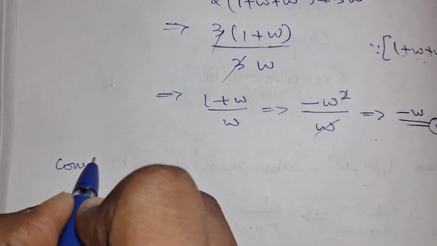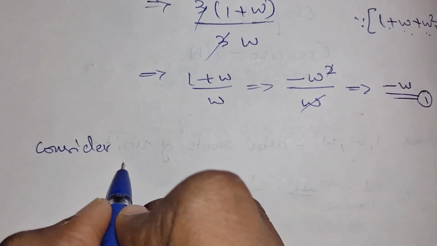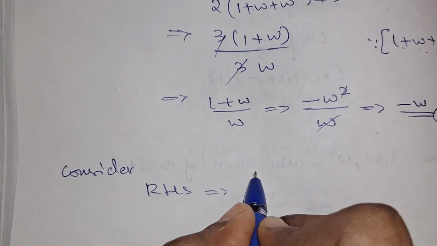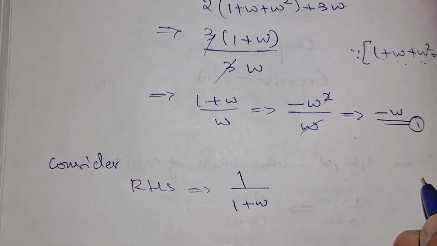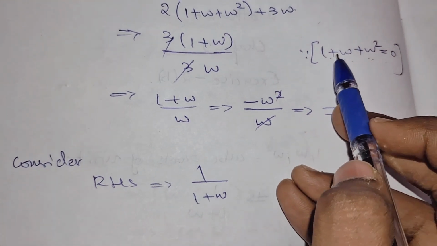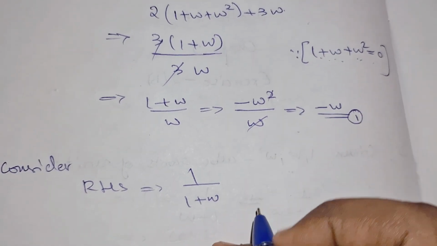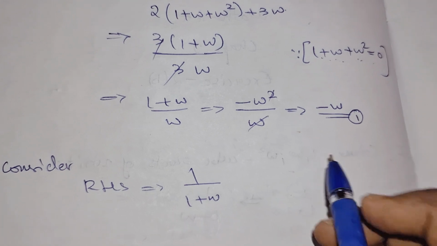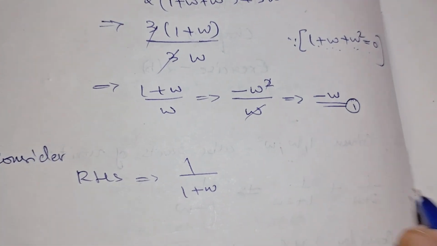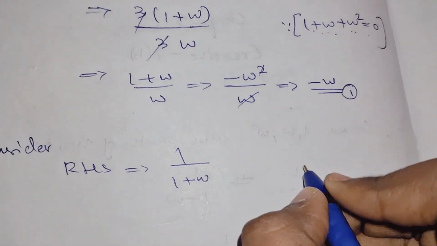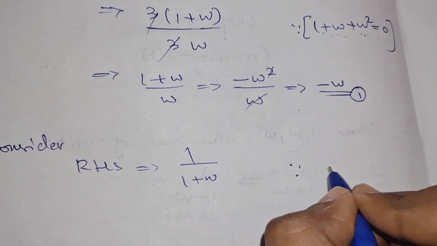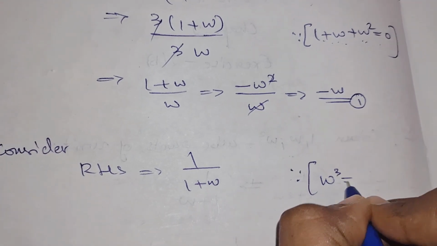Now consider the RHS, that is 1 by (1 plus omega). Again from the condition, 1 plus omega is equal to minus omega square, but what we will use here is the next condition. When the cube roots of unity are 1, omega and omega square, we also know that omega cube is equal to 1.